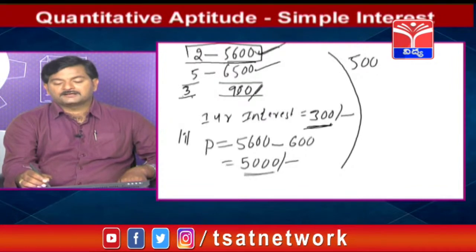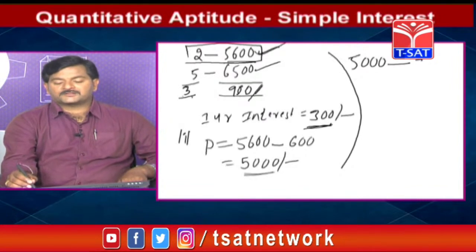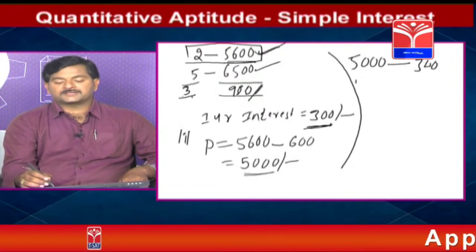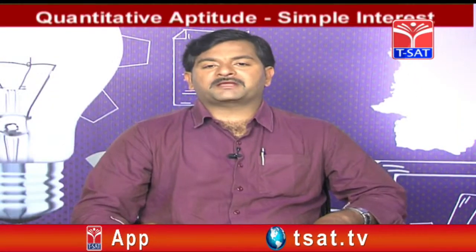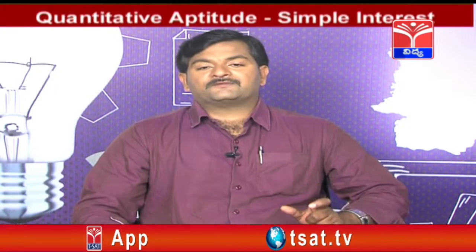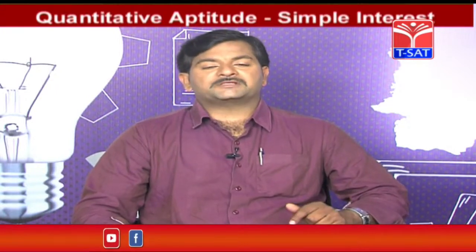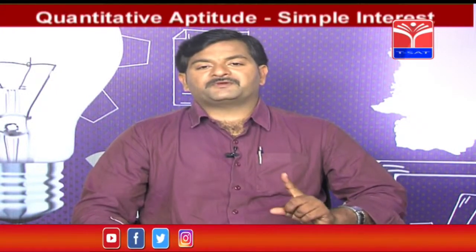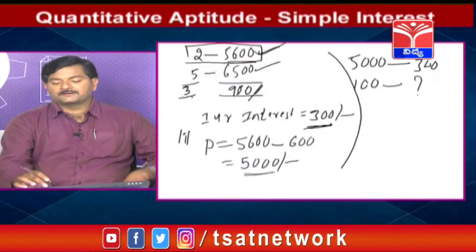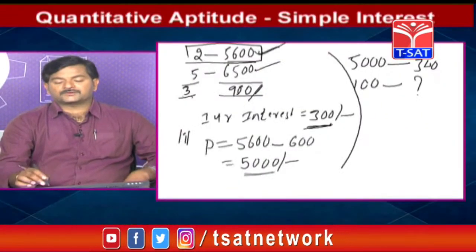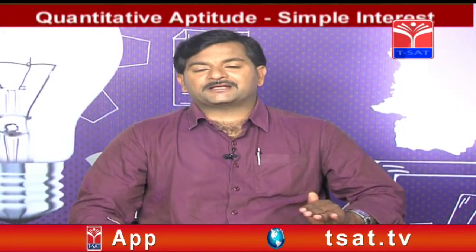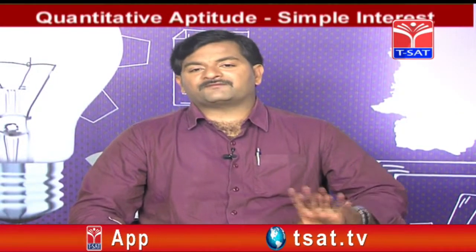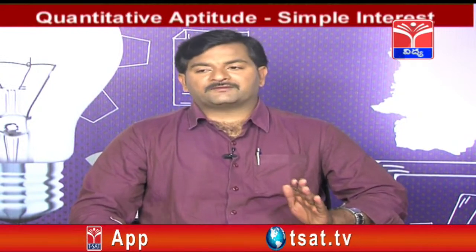So on 5,000 rupees, my 1 year interest is 300 rupees. So what could be my interest for 100 rupees? I hope you understood why I am taking 100 rupees: the rate of interest must be for 100, and it must be for only 1 year. That's why on 5,000, 300 is the interest for 1 year. Then what is the interest on 100 rupees for the same 1 year?